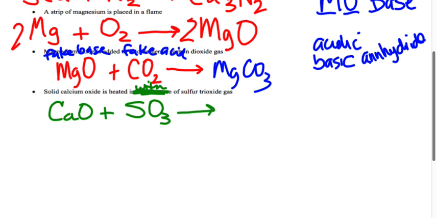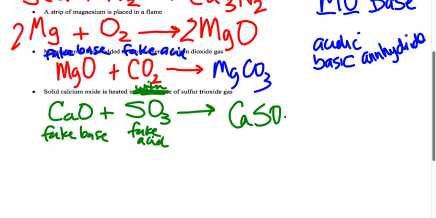So if you have this mixed in and you're like, what do I do? Oxides are weird. This is a fake base. This is a fake acid. Once you recognize your fake acid and base, you know you have an acid-base neutralization without the water, so we're just going to make a salt. Big old guess what this salt is. Calcium sulfate.